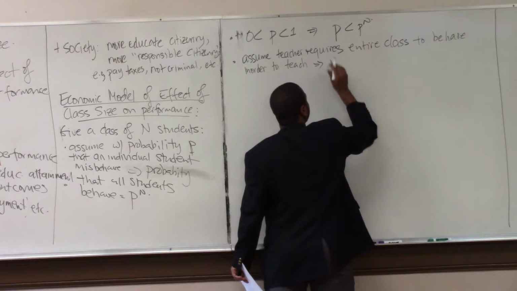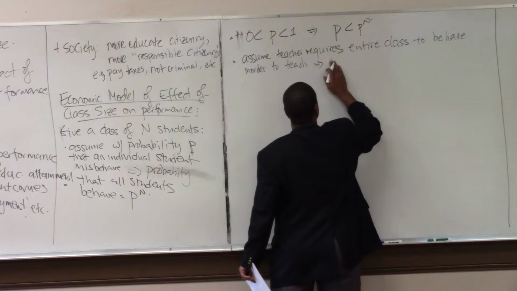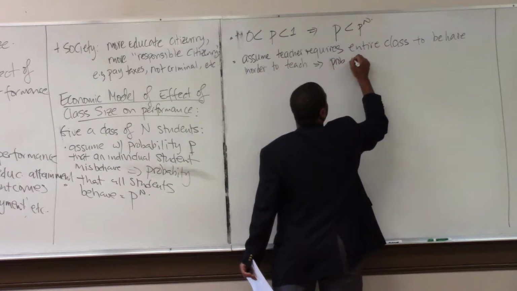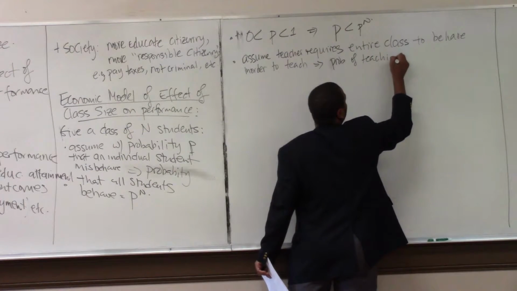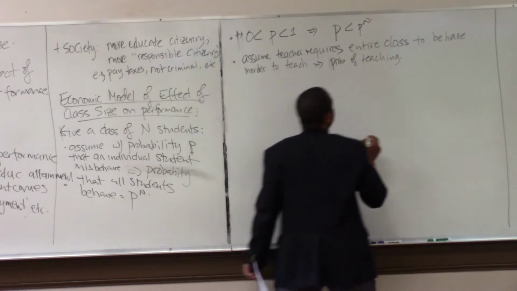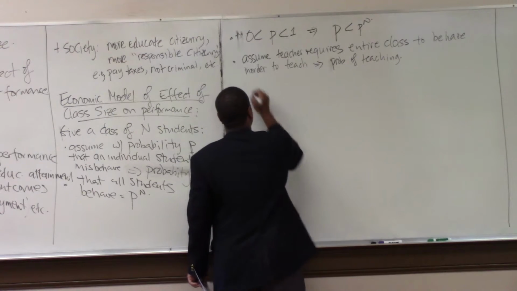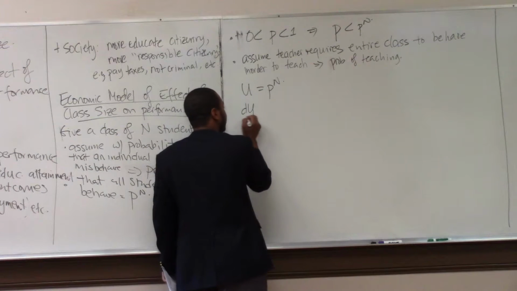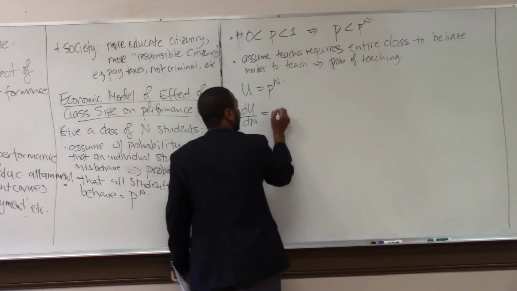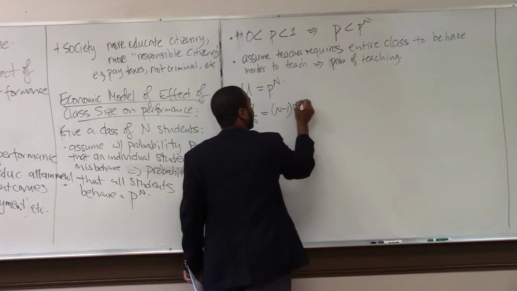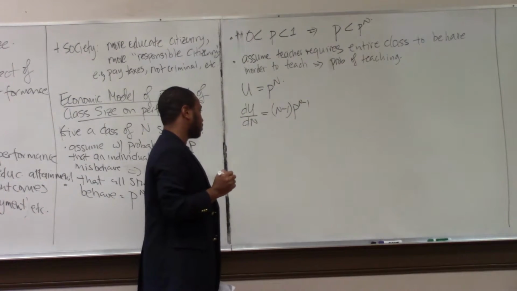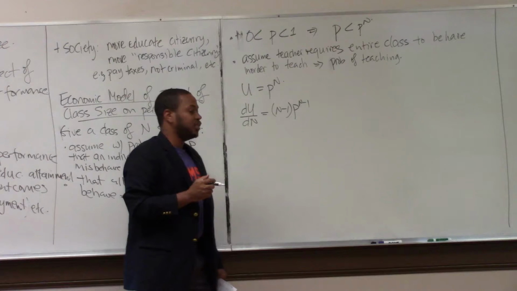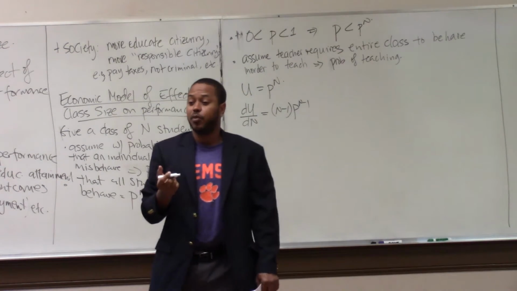That implies that the probability of teaching, we call this U, is going to be equal to p to the n. And then we know that dU/dn is going to be n times p to the n minus 1 times the log of p. So we can see that the probability that this teacher is going to be teaching is going to be decreasing in the number of students.